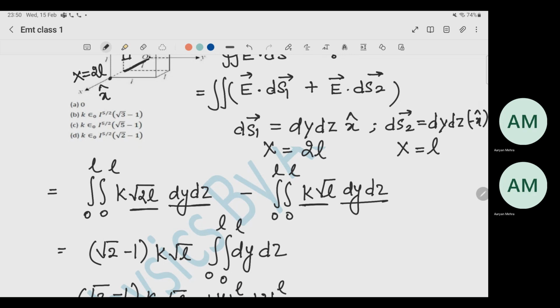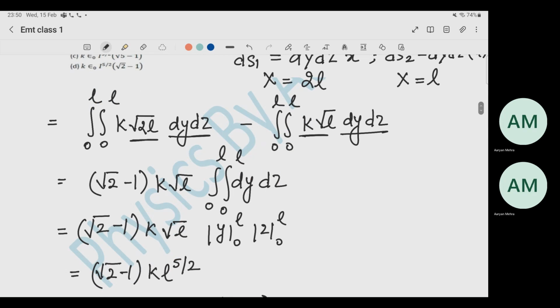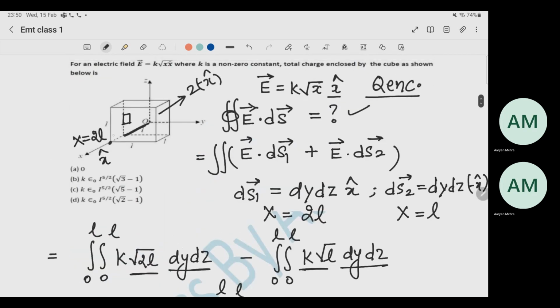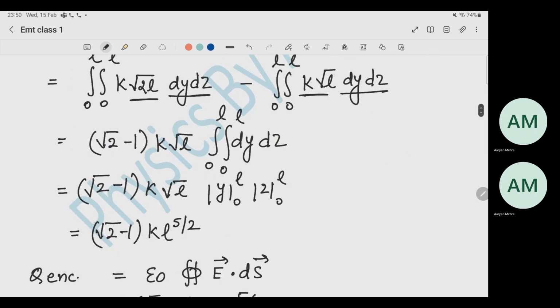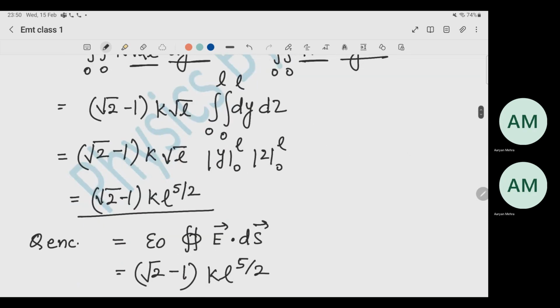If I do the very simple calculation, knowing that y and z are going from 0 to l, it will give me the answer as root 2 minus 1 times k l to the power 5 by 2.